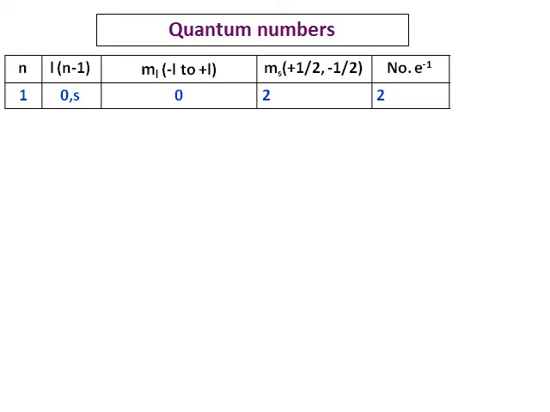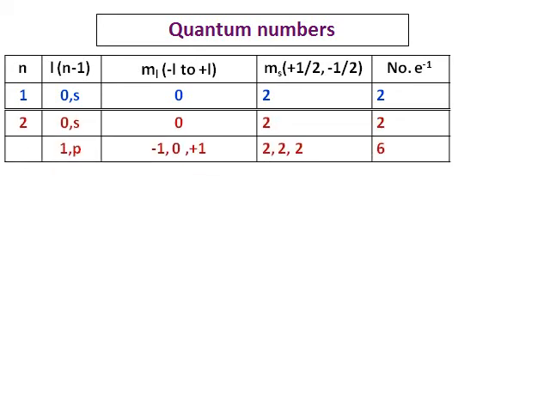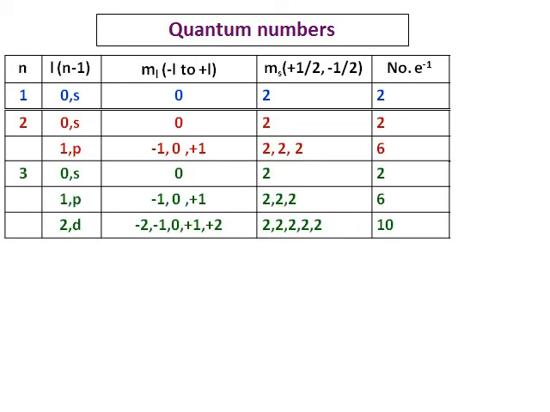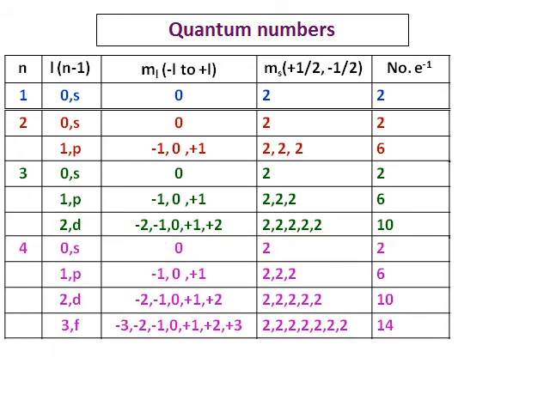Like n equals 1 can have 2 electrons, n equals 2 can have 8 electrons, n equals 3 can have 18 electrons, and n equals 4 can have 32 electrons. We have learnt in detail about all these things in the previous videos. If you have any doubt, please refer to that.